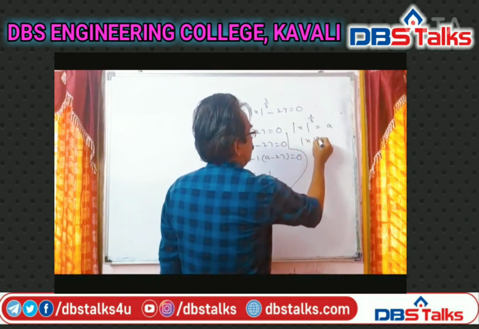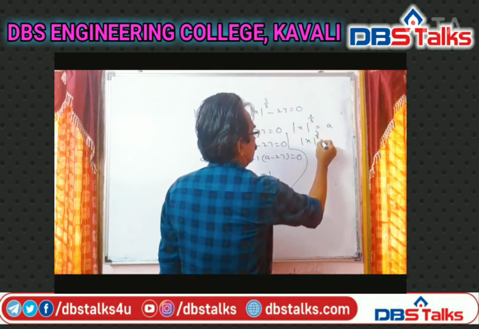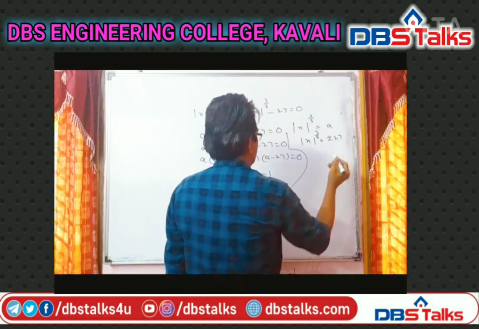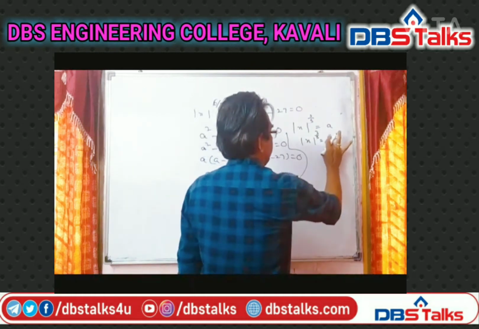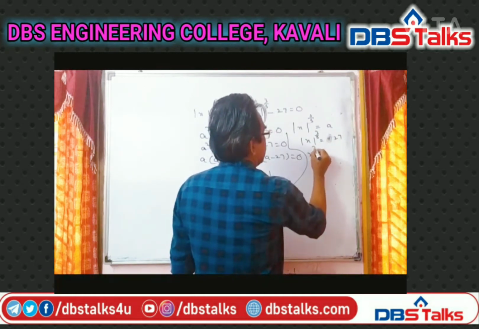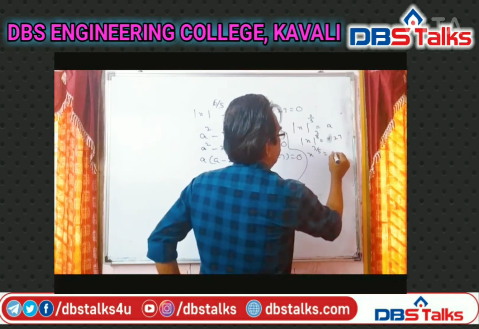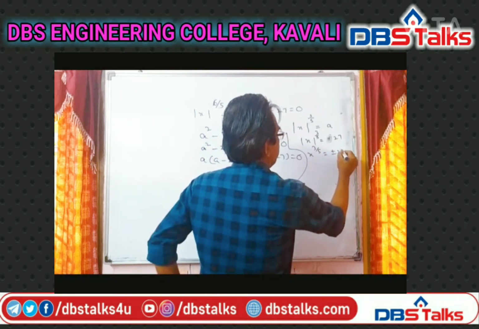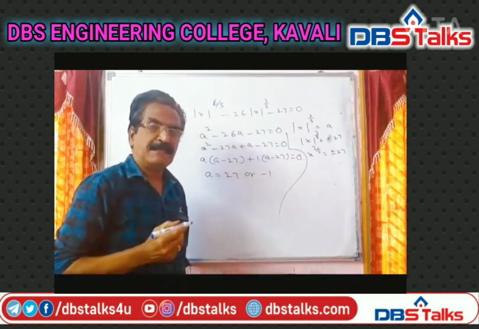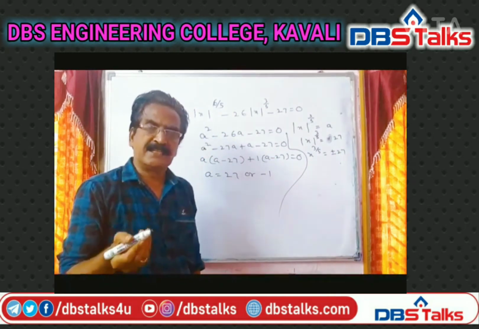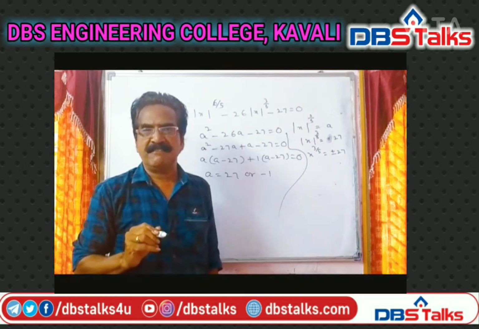|x|^(3/5) is equal to 27. So x^(3/5) is equal to plus or minus 27. Let us take x equal to plus 27 and also minus 27.